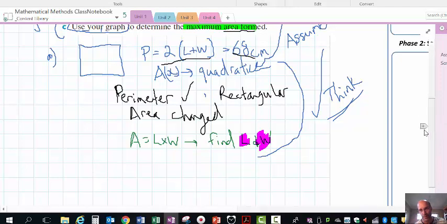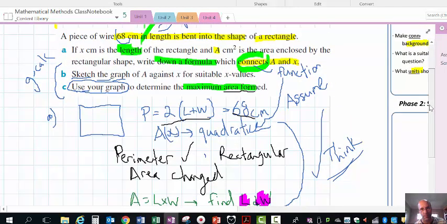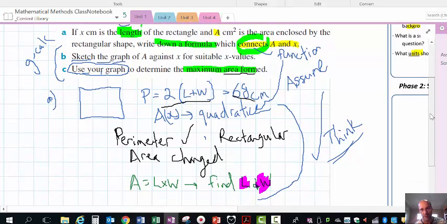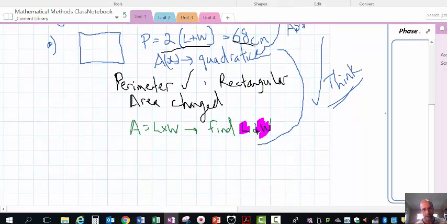So if we've got to find a way of maximizing the area, we're working with the area formula, and area is called capital A, and A versus X, and X was the length of the rectangle.